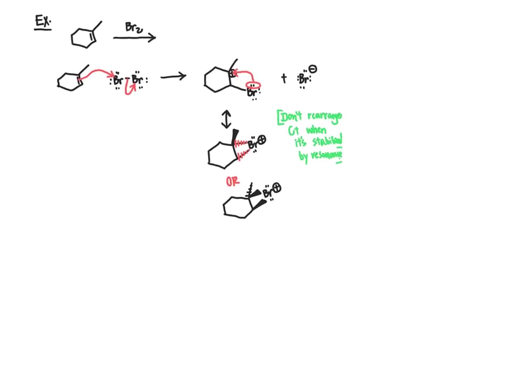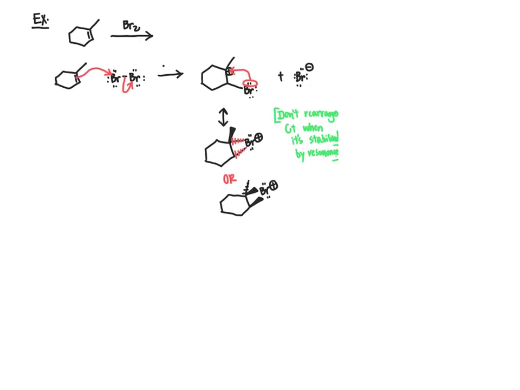So in the second step of the mechanism, our first step was the formation of the bond between carbon and bromine. Step 2 is that the nucleophilic bromide is going to attack. And remember that these three-membered ring resonance structures are very, very favorable. To show what's really going on in terms of the stereochemistry, we need to use those as our structures that are actually participating in the reaction at this next step of the mechanism.